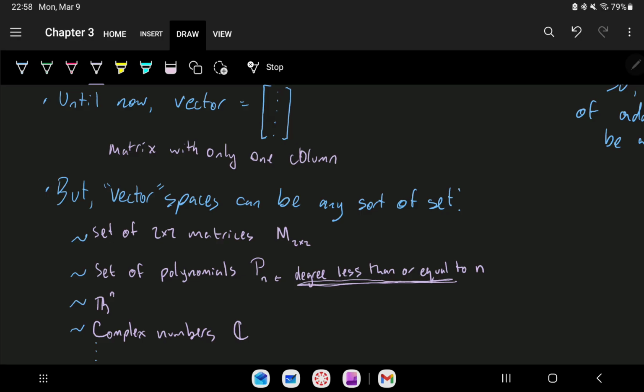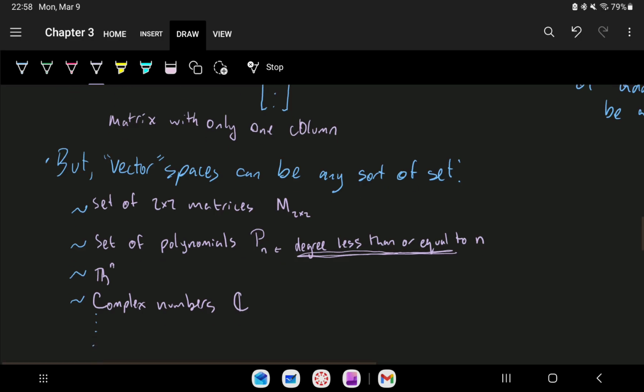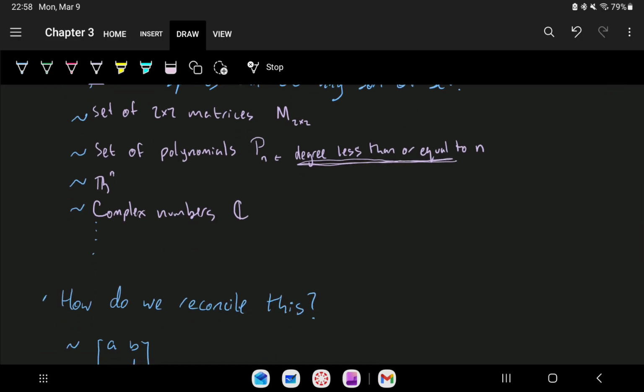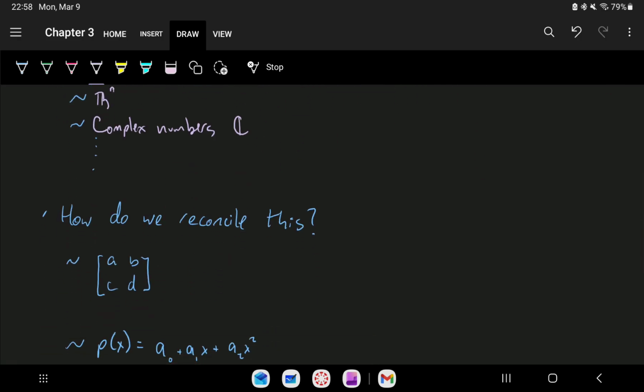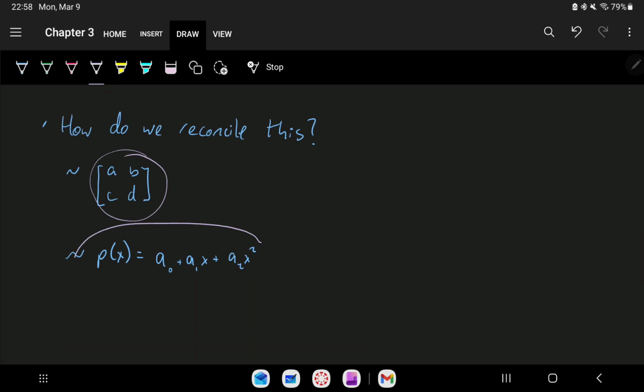So I don't want you to see vector spaces and think, well, we're just working with the vectors that I'm familiar with. It's going to start to expand now. And our question becomes, how do we reconcile this? How can we say that something like this, which does not really look like a vector that we're familiar with, can be a vector space?